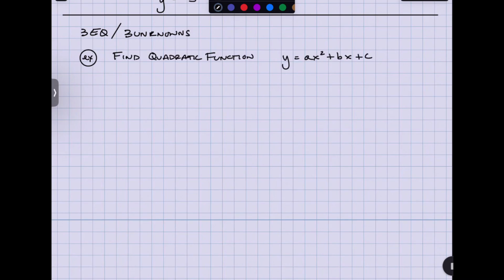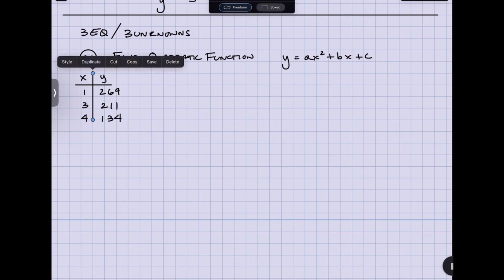And then they'll say, hey, just so you know, when x is 1, y is going to equal 269. When x is equal to 3, y is equal to 211. And when x equals 4, y is equal to 134. Right? Okay.